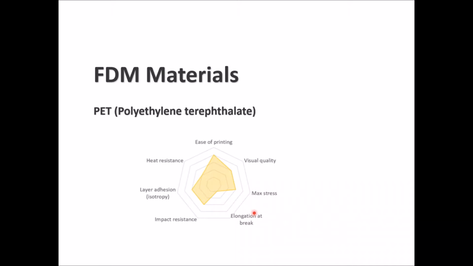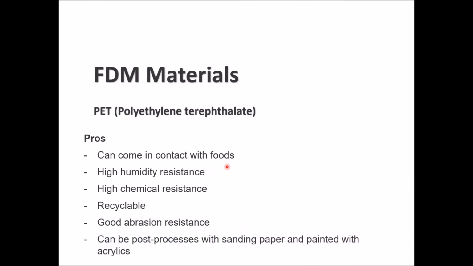If we look at the properties map for the PET, ease of printing is considered above medium, heat resistance is bad, or let's say low, layer adhesion is medium or less than medium, impact resistance medium, elongation at break is low, maximum strength is medium, visual quality is somewhat medium. So keep this graph in mind if you want to go with this material; it's worth going back here and taking a look to know if this material is meeting your application.